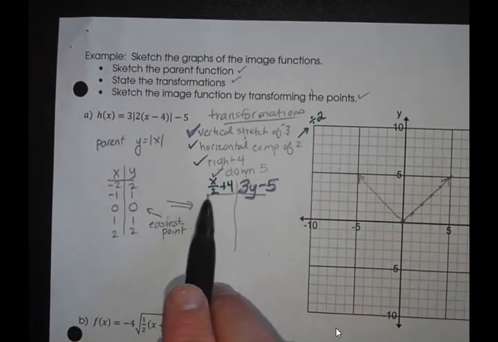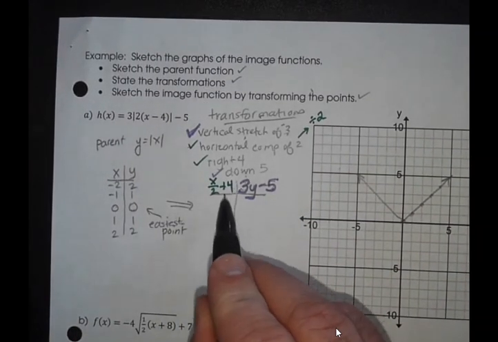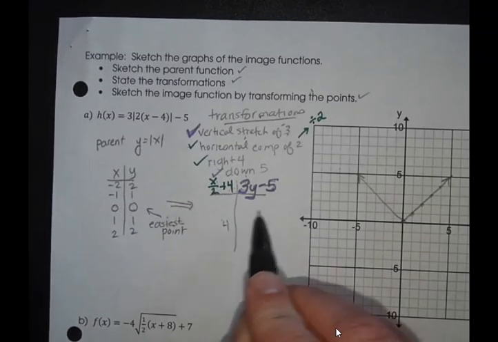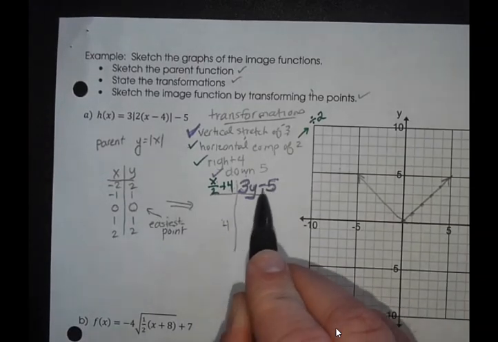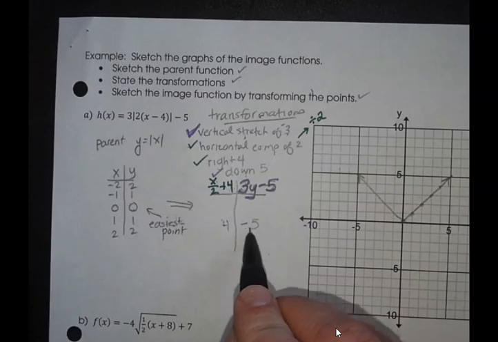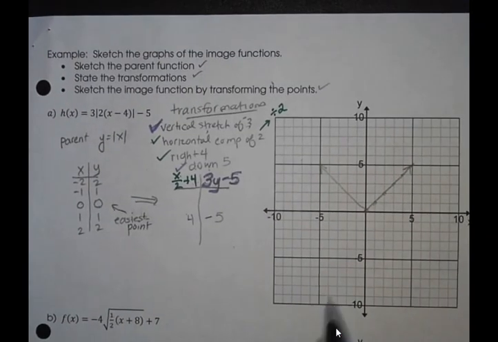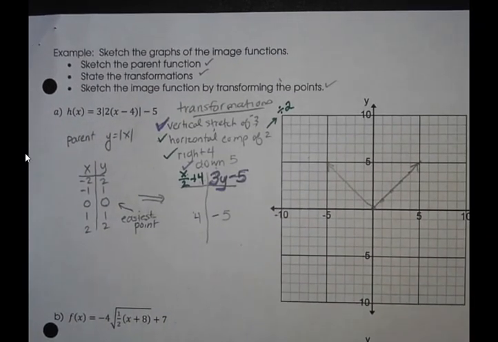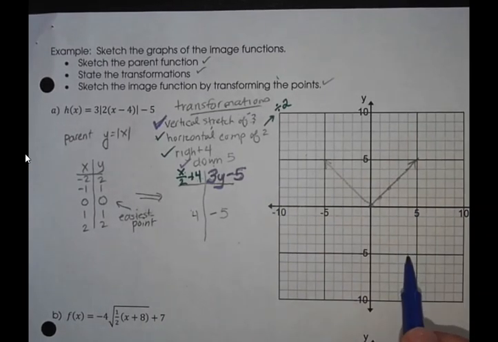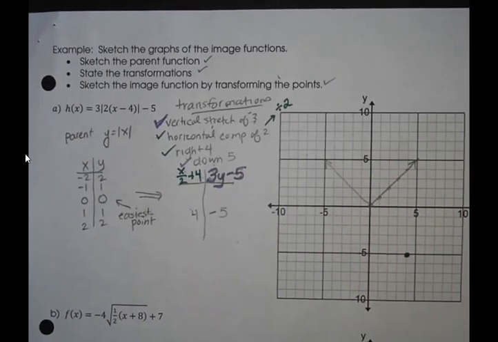So we know if we put 0, 0 in there, 0 divided by 2 is 0, plus 4 is 4. And 0 times 3 is 0, minus 5. So I know that starting point has shifted right 4, down 5. So there's my point there.